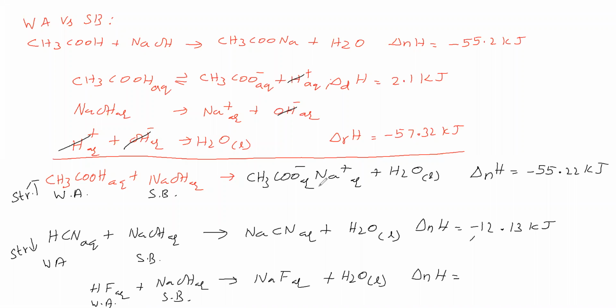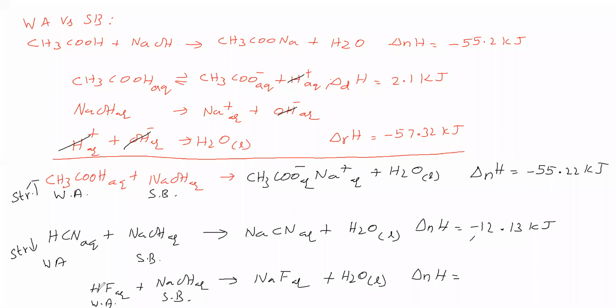Here weak acid is there, therefore it is less than 57.32. Suppose we take strong acid versus weak base, then also the enthalpy of neutralization will be less than 57.32.